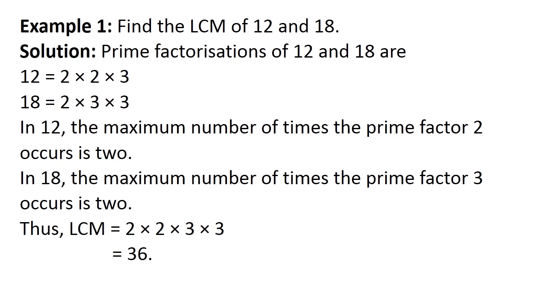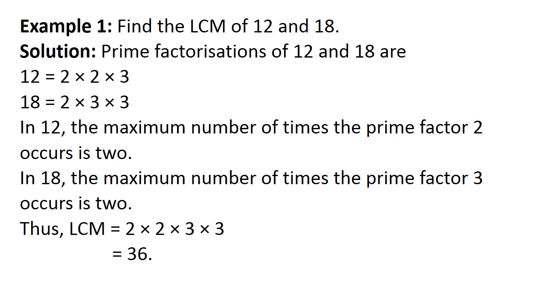Find the LCM of 12 and 18. Solution. The prime factorizations of 12 and 18 are: 12 is equal to 2 multiplied by 2 multiplied by 3, and 18 is equal to 2 multiplied by 3 multiplied by 3. Now in 12, the maximum number of times the prime factor 2 occurs is how many times? 2.